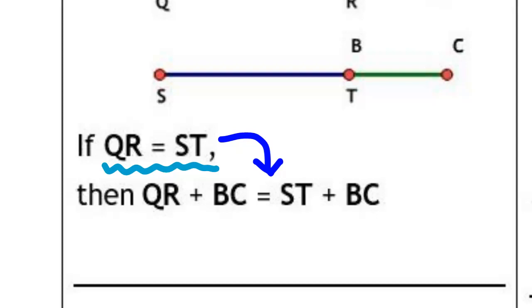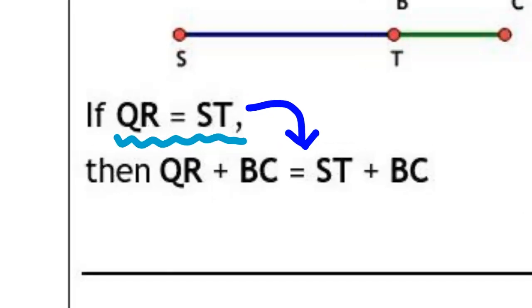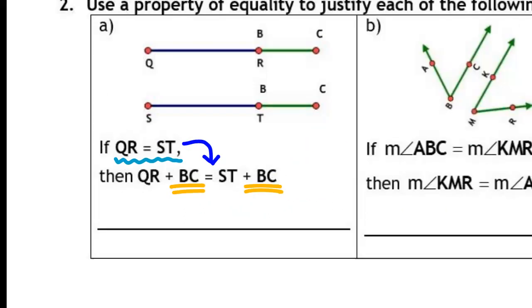So I'm looking for what's different or what changed. So if this is where I start, QR equals ST, what's different about my then? It has BC. Does it have it on both sides? What operation got the BC there? Addition.